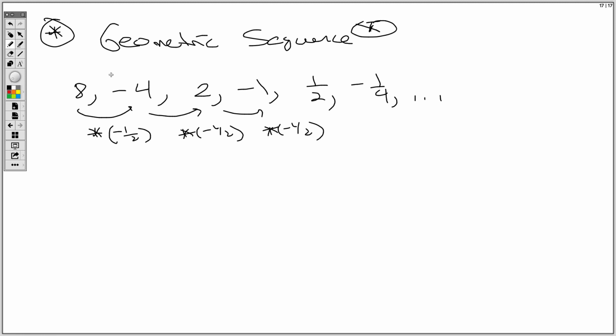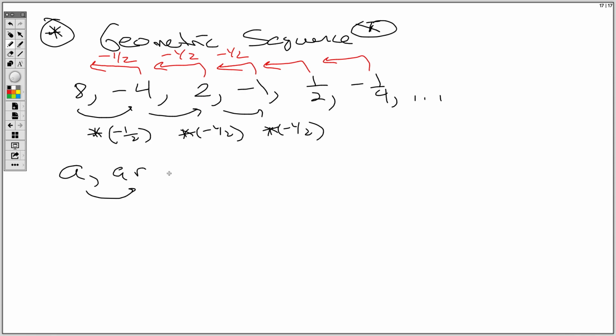Another way to say that is that if you take the ratio of the adjacent terms, -4 divided by 8 is -1/2, 2 divided by -4 is -1/2, -1 divided by 2 is -1/2. The ratio of the adjacent terms is always the same, and that's what a geometric sequence is. You start off with some number a, and the way you go from one to the next is you always multiply by the same number.